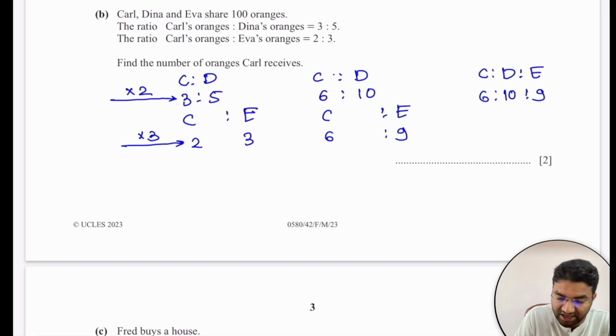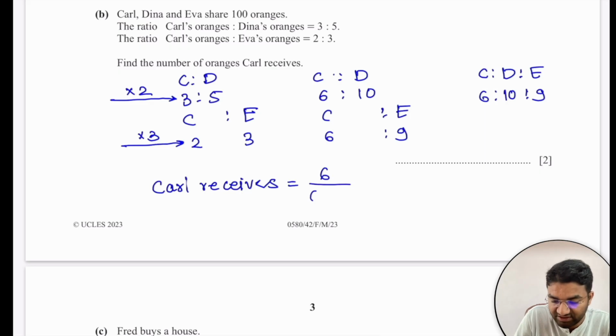Now you can calculate easily how many oranges Curl received: 6 over 6 plus 10 plus 9, the total, times 100, which is equal to 24. And this is the answer.